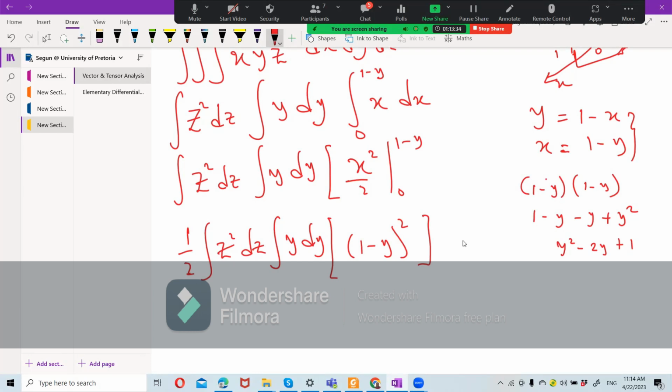We put it in the square bracket, sir. In the square bracket. Then what happened to y dy? We integrate the y squared minus 2y plus 1. That will be the second integration.